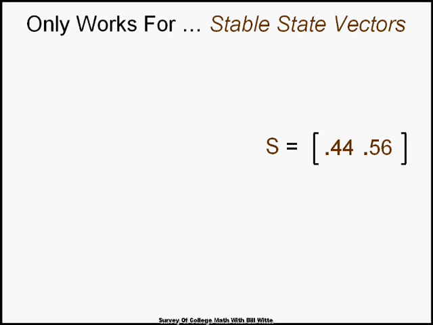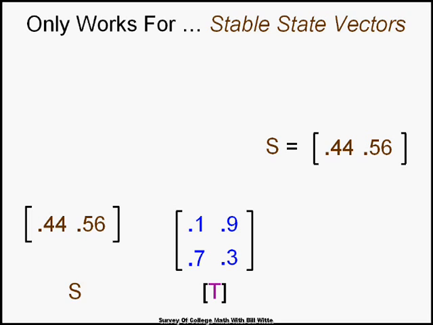Now, this only works for stable state vectors. Okay? Let's prove it. If that was a vector, and we multiplied it times our transition matrix, what should we get? Well, let's see. First row times first column, and guess what we're going to get?